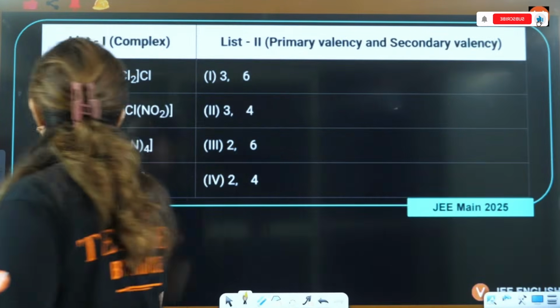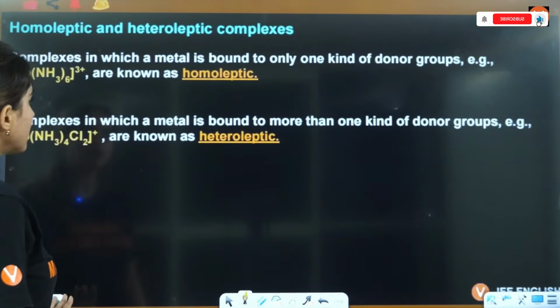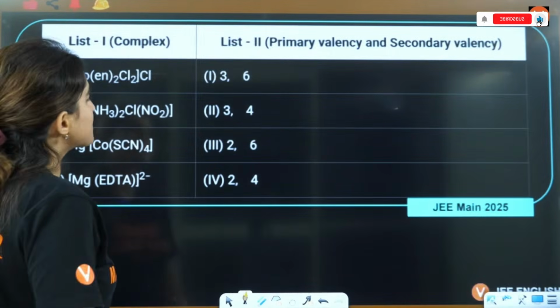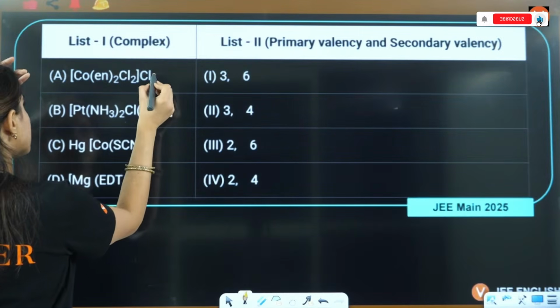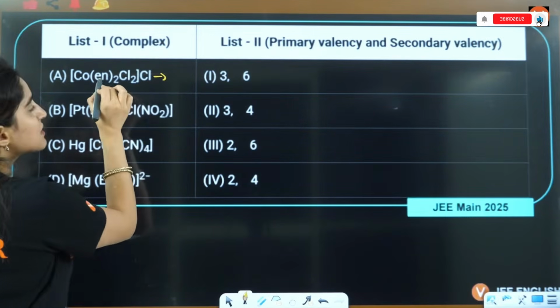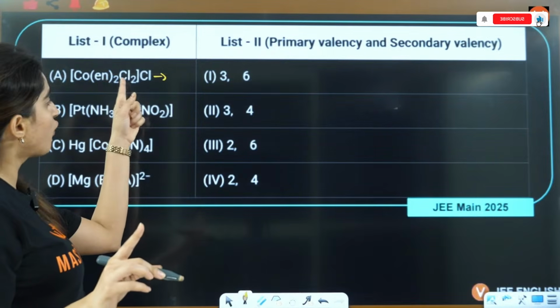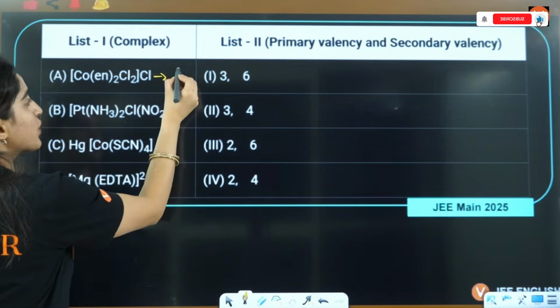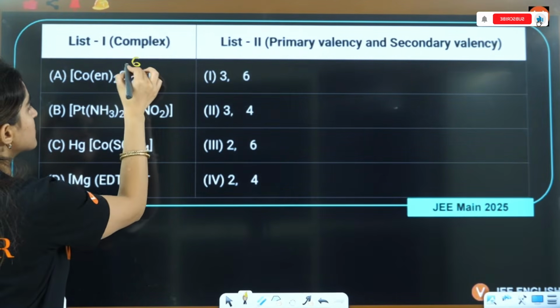As I told you, primary valency is oxidation state. Firstly I will see the secondary valency. The coordination number: En is a bidentate ligand, so 2 En means 4, plus 2 chlorine, so it is going to be 6.